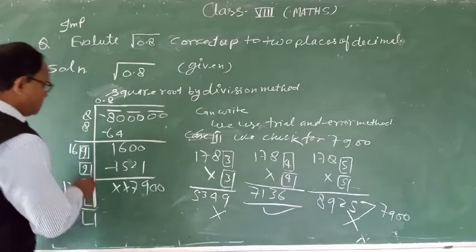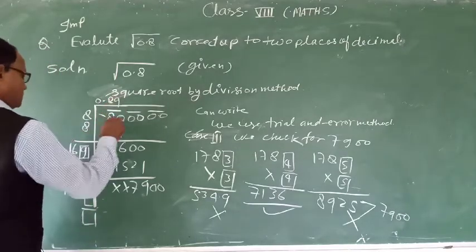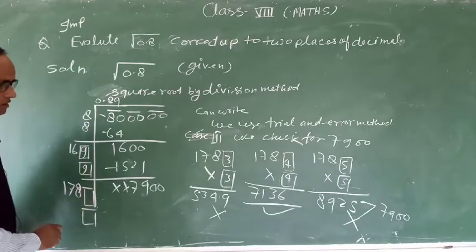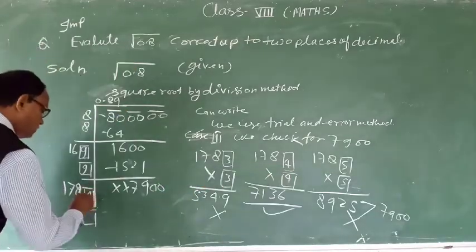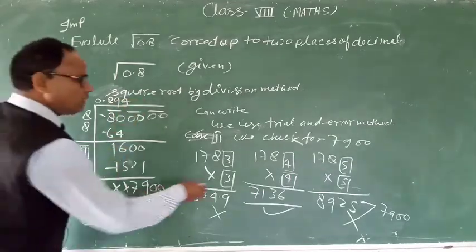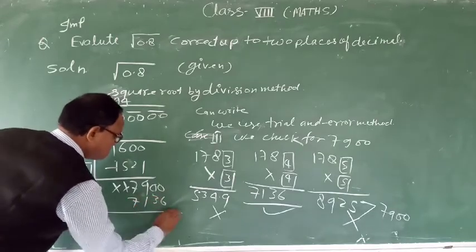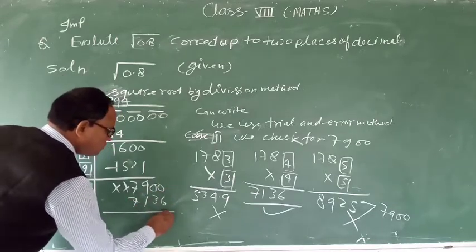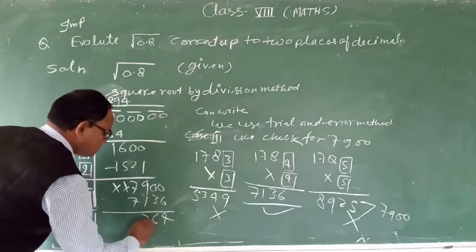Okay students, here we write 3, here 4. We write from here 7, 1, 3, 6. 10 minus 6, 4. 9 minus 3, 6. And 8 minus 1, 7.